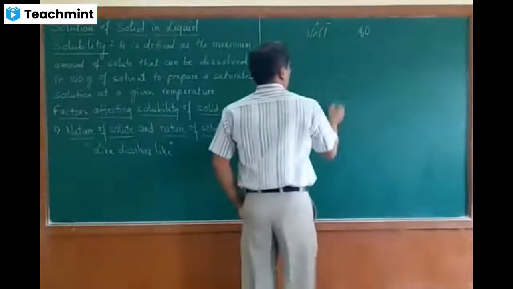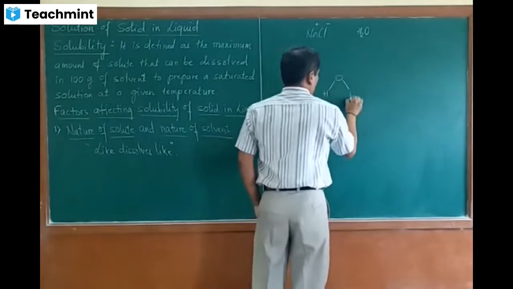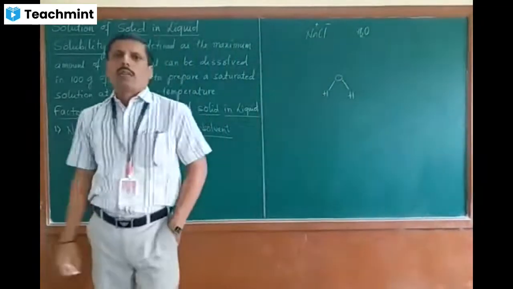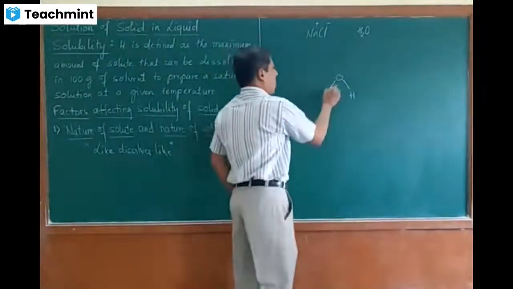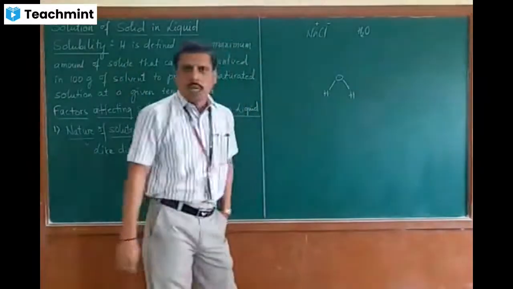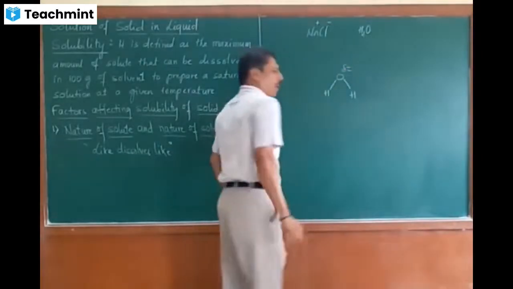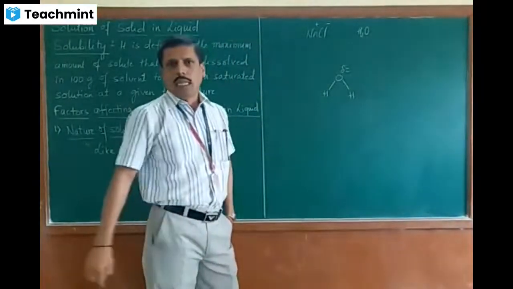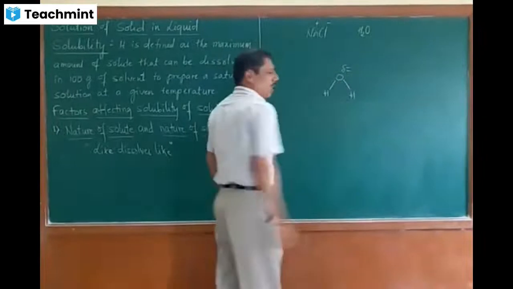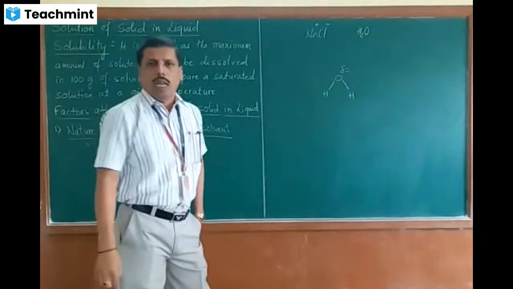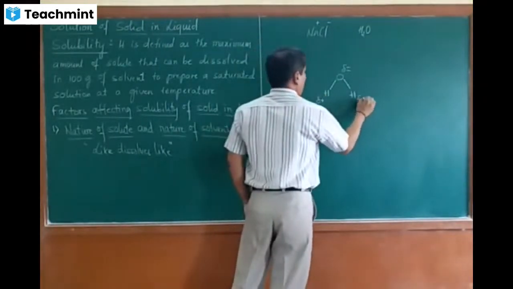If you look at the structure of water, it has a bent structure, and because of the electronegativity difference between oxygen and hydrogen, there is polarity in the molecule. The more electronegative oxygen bears a partial negative charge. There are two bonds, because polarity is created from this bond and also from this bond. The less electronegative hydrogen has a partial positive charge.